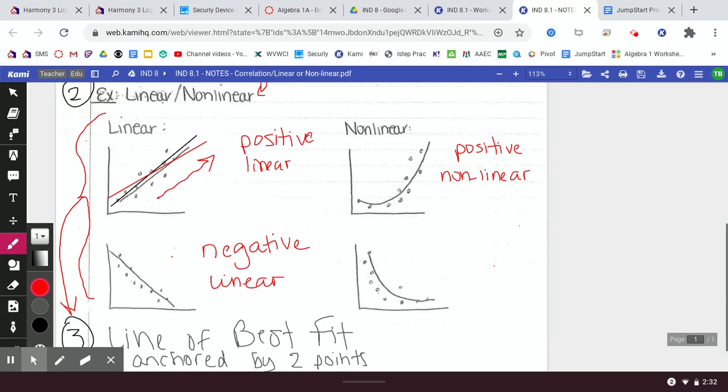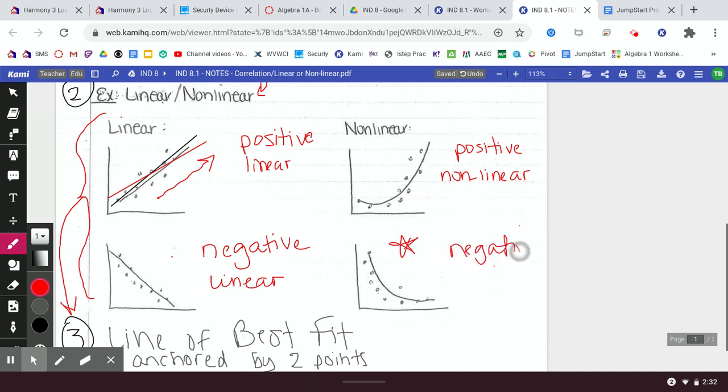Now, on the nonlinear side, I don't like these examples, and I get why the person who wrote this out put the lines in there. But if it's nonlinear, you are not going to draw a line of best fit. Okay? So for this one right here, we have to decide, is there correlation? Yes, there is. Is it negative or positive? It's definitely negative, right?